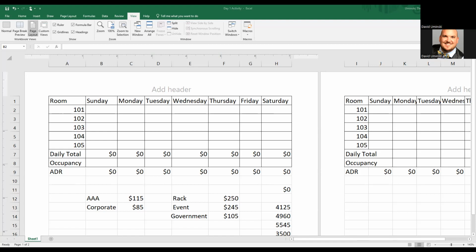What's that? Hotels, good. Yep. What else? Cruise lines, car rentals, airlines, hotels. Restaurants don't necessarily utilize revenue management.